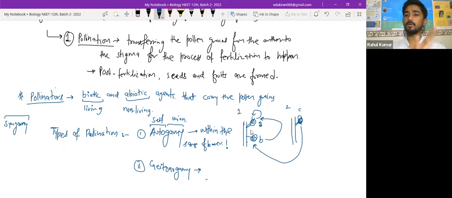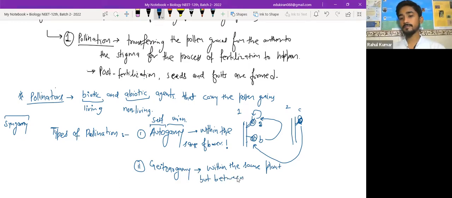Then there is no confusion. If it is within the same flower, it is from the anther of the same flower to the stigma of the same flower. Geitonogamy is within the same plant but between different flowers. Is it clear?